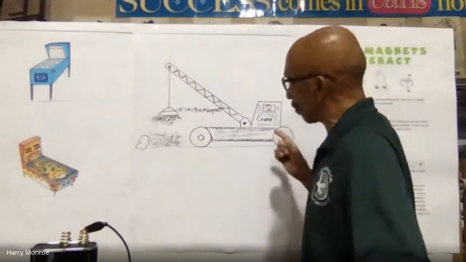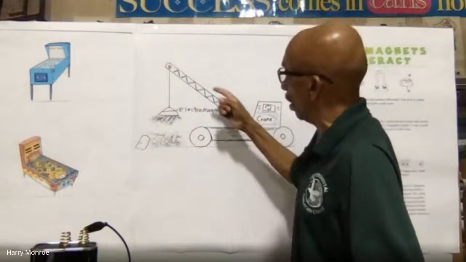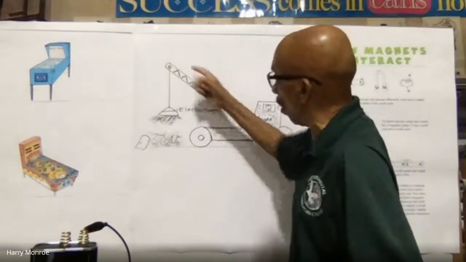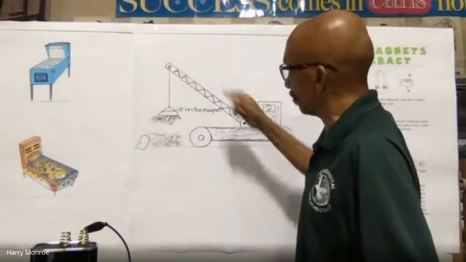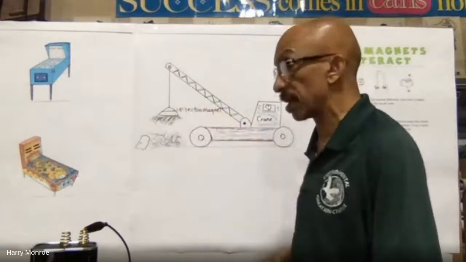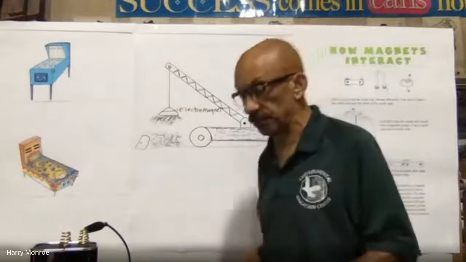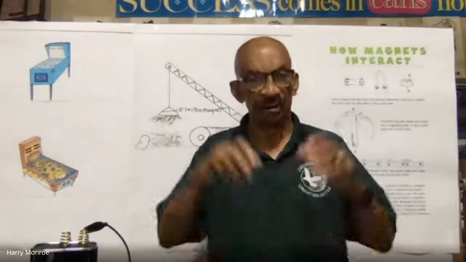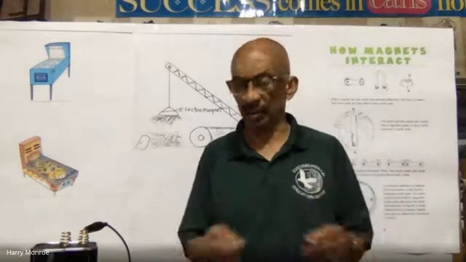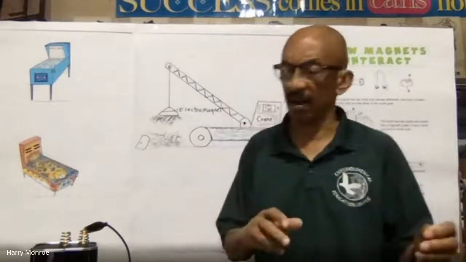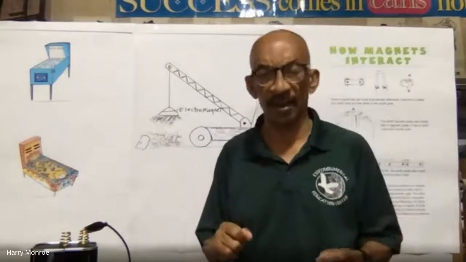I would watch that crane on days that I had time to really look, to see what was happening. I would watch that crane pull up, and on the boom, the long arm of that crane, there was a cable that had an object attached to it. And I watched that crane lower that object over this big pile of junk. All kinds of twisted metal, even some old wrecked automobiles, cars.